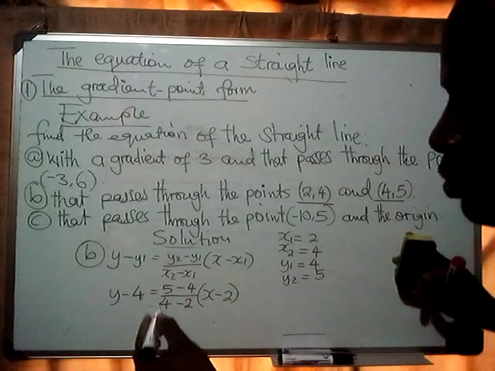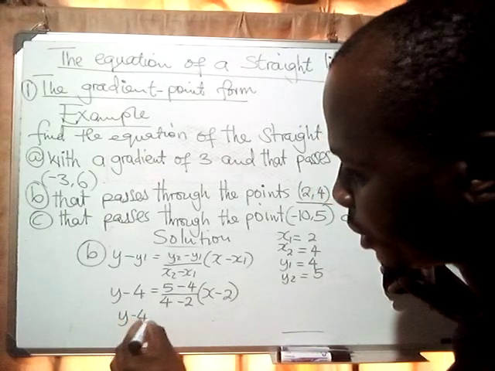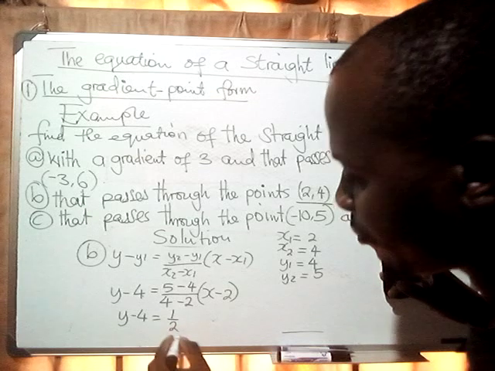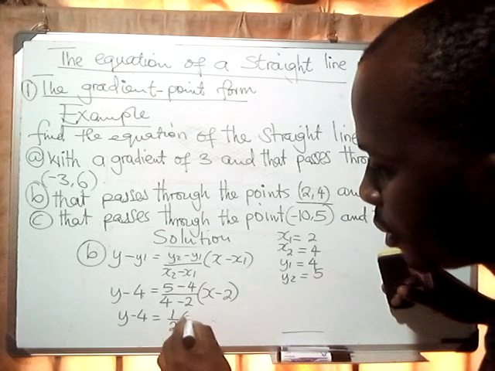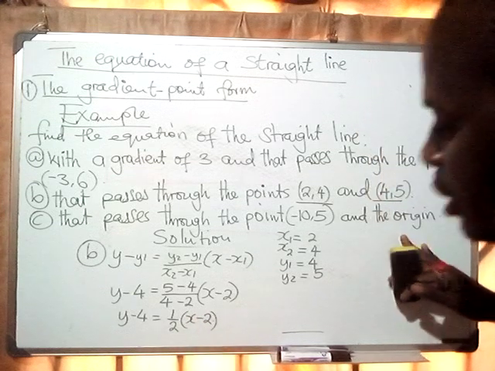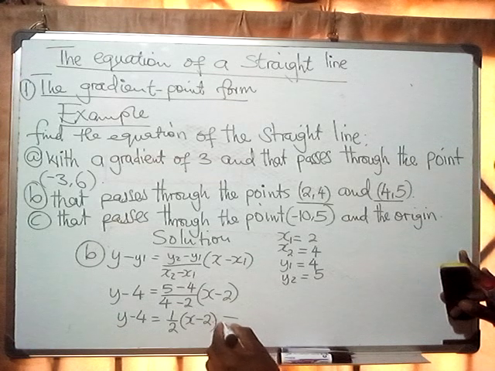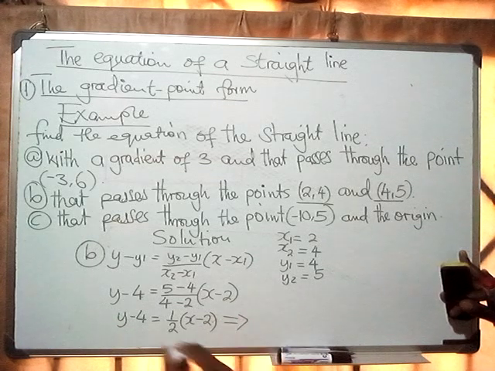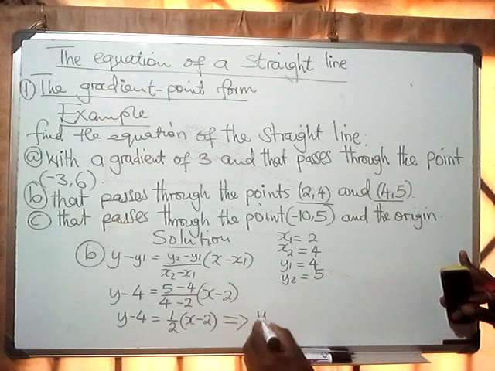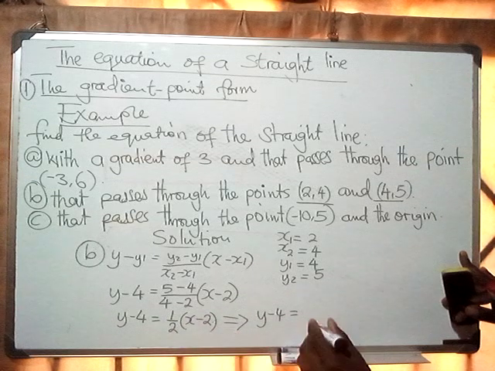We continue, meaning our y minus 4 is equal to 1 over 2, because 5 minus 4 is 1 and 4 minus 2 is 2.